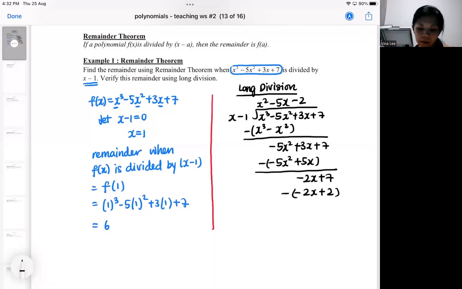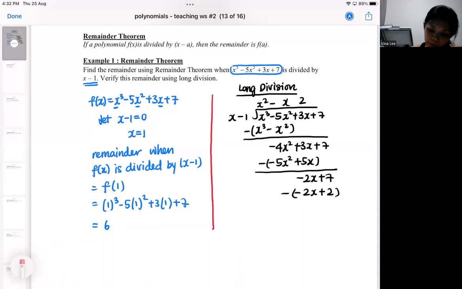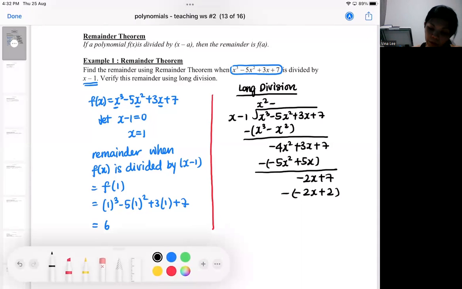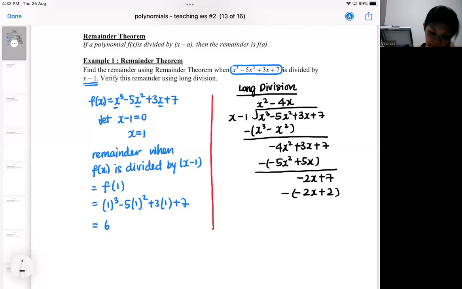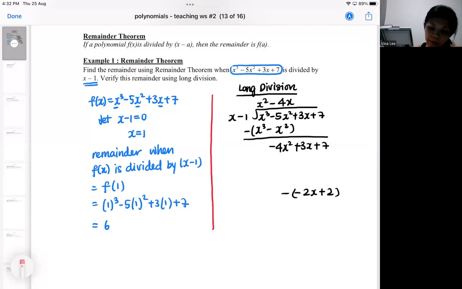I think I made a careless mistake. Oh, okay, my careless mistake was here. This should be a 4, so this should be a 4x. Everything is wrong the moment you make a careless mistake.